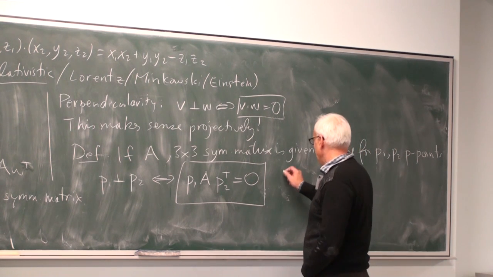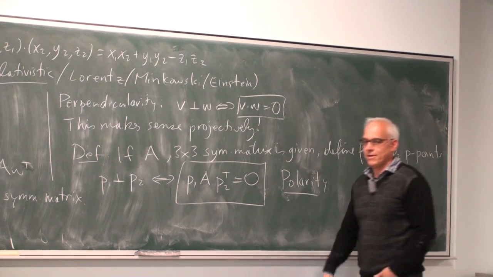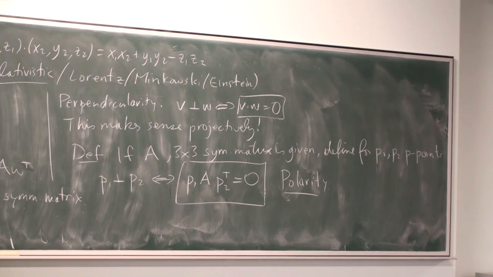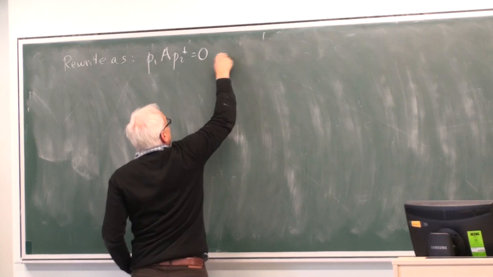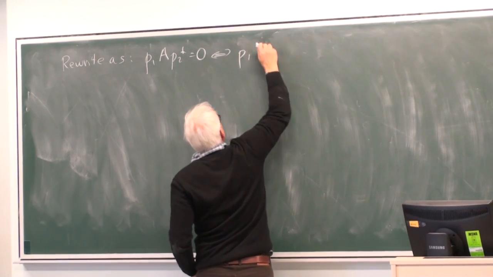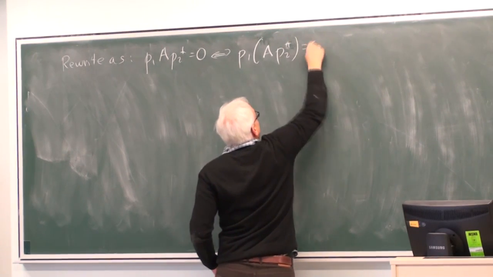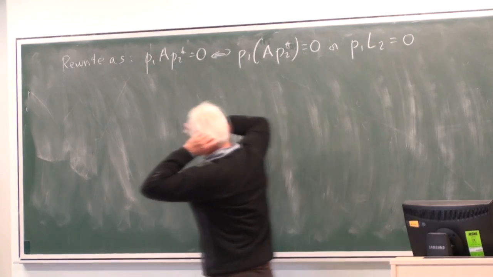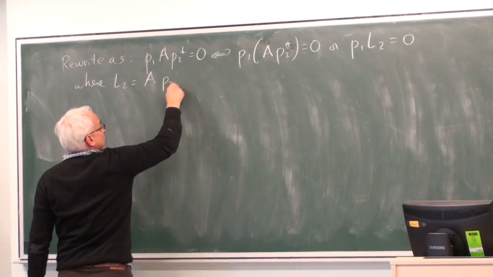So this is usually called polarity. And let's see what it looks like geometrically. So if we have P1 A P2 transpose equals 0, we can write that as P1 times A P2 transpose equals 0, or P1 times, say, L2 equals 0, where L2 is A times P2 transpose.